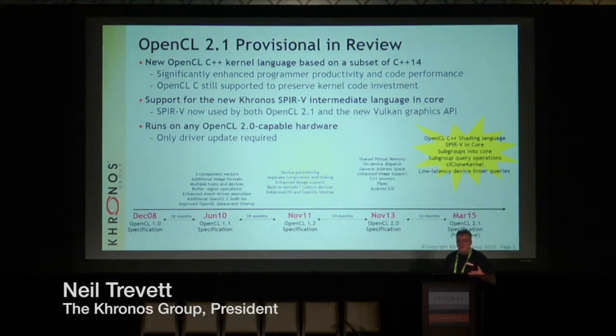We're probably about halfway through that review cycle. Some of the key things in OpenCL 2.1 is what Lee is going to be deep diving into in a second. It's bringing C++ as a kernel shading language, and use of SPIR-V, which is the new intermediate representation that Khronos is defining. And again, we'll go into a lot more detail with the next speakers about to come up here on stage.